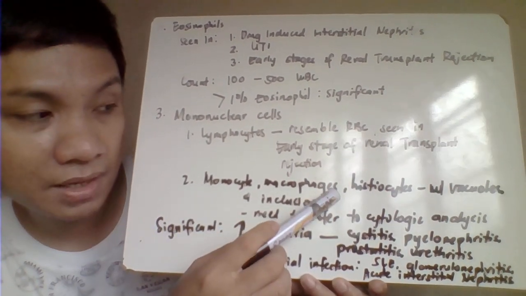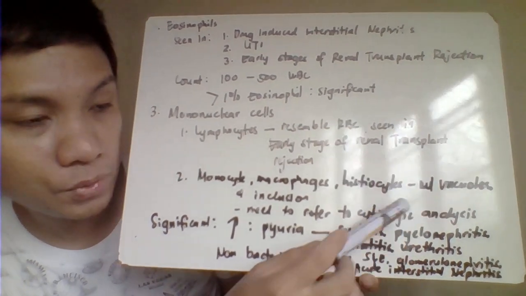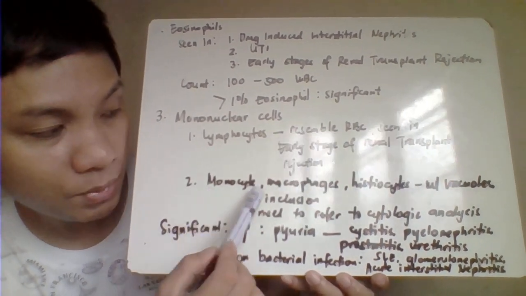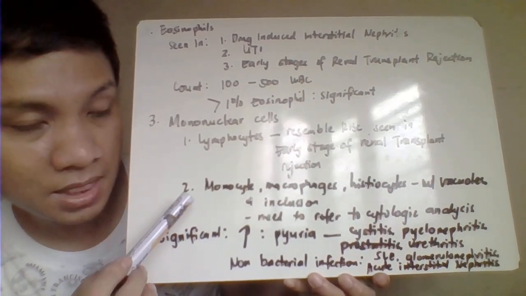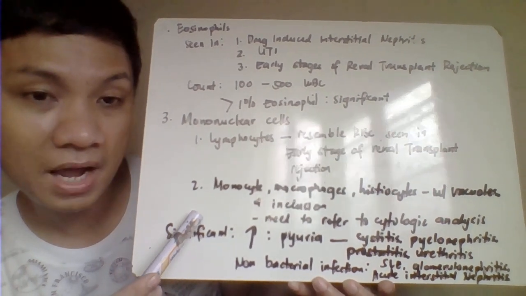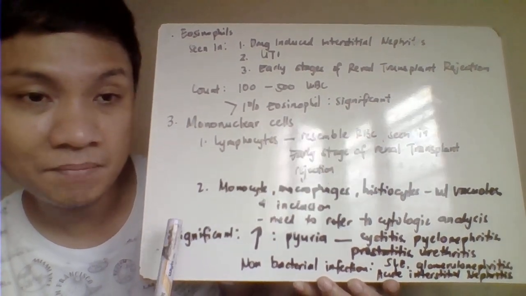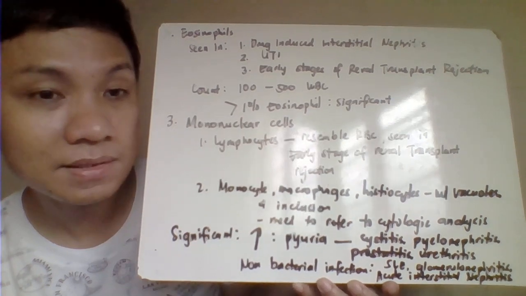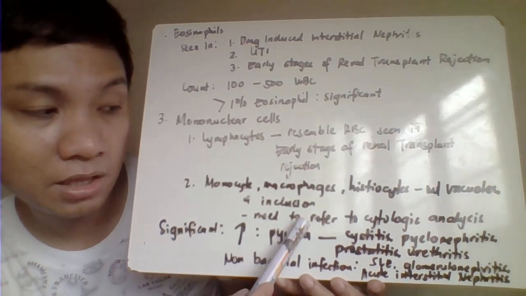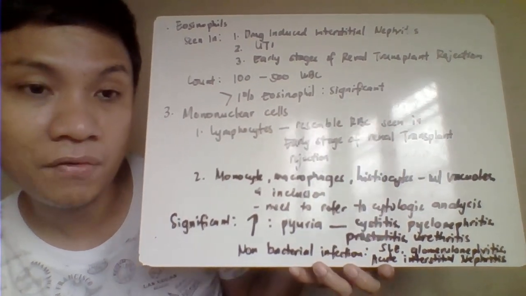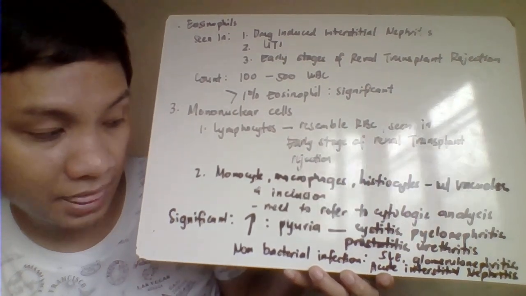Monocytes, macrophages, and histiocytes contain vacuoles and inclusions, and usually they are not found in the urine sample. Once they are present in a very high concentration, it would signify something related to malignancy or metastatic cancer. That's why you need to refer for cytologic analysis.